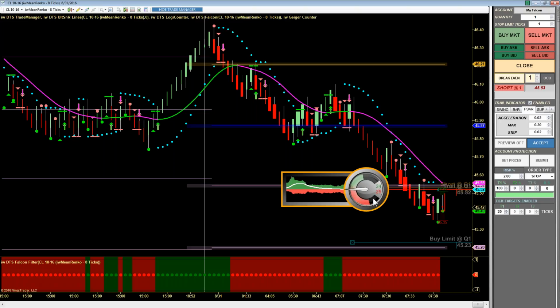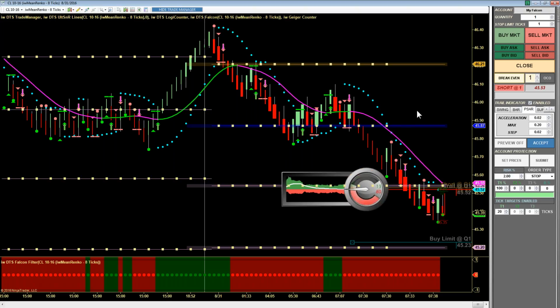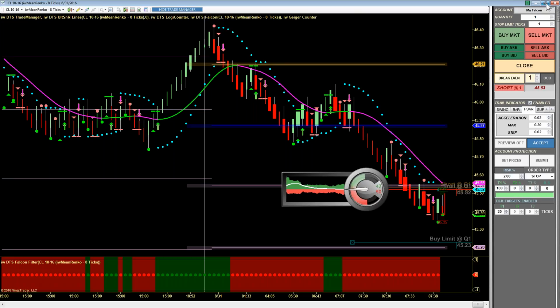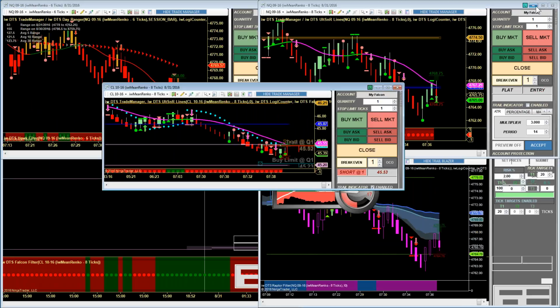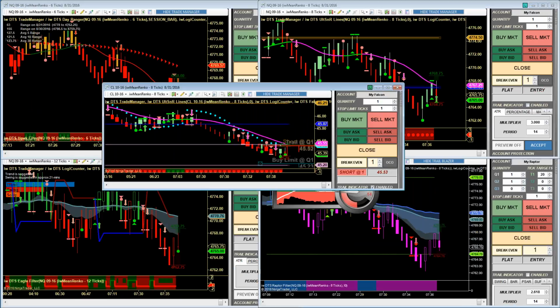By the way, folks, this is the reason I tend to put one tool per chart. Even though these are all standalones, like the Geiger counter, the support and resistance lines, I can put them on each of the charts if I wanted. It just gets a little bit busy. So that's why I've got my support and resistance lines on my Falcon.